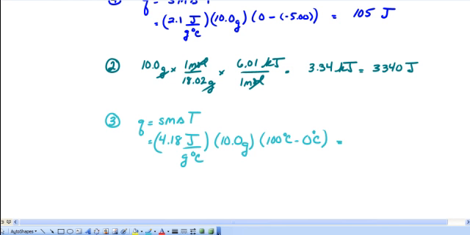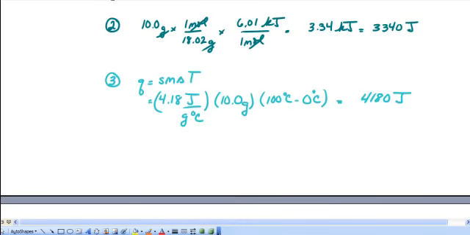And so we have 4.18 times 10 times 100, so we move the decimal a total of 3 times, so that should be 4180 joules of energy. Now we've taken the water and raised it up to 100 degrees Celsius. Now we have to boil the water in step 4.